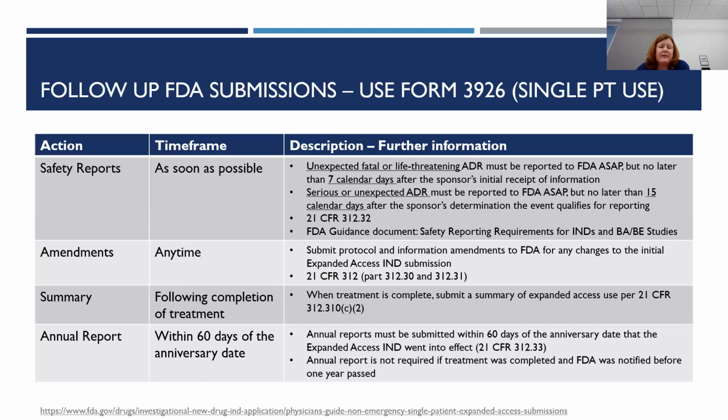The summary would basically withdraw the IND because it's done, but the annual report keeps the IND open. The annual report is something for the lifetime of that IND being effective, and that needs to happen on an annual basis. After that point, the summary would go in and withdraw the IND.